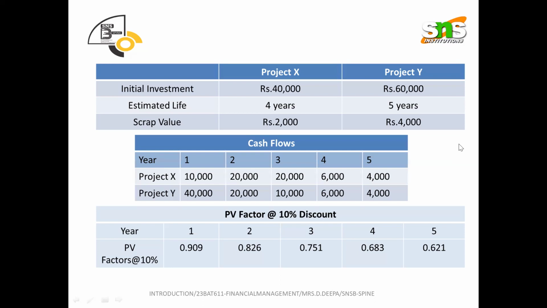Similarly, 1.1 power 2 gives 0.826. Similarly, we need to do the calculations for the rest of the years. Clear? Sometimes these discounting factor values will be given in your question, and sometimes they are not given, where we need to solve it in this way. The formula is 1 divided by (1 plus R) power n. Clear? Next.